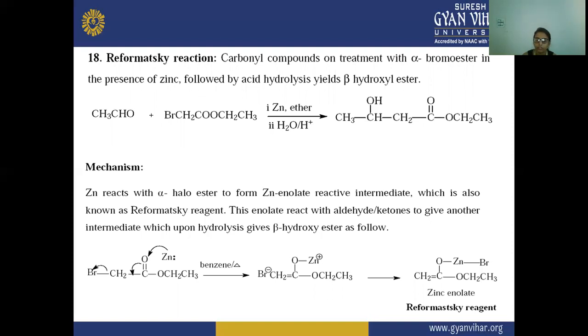So here you will see the zinc will react with this bromoester, and there is a removal of the bromine from there. It is having a negative charge on this CH2, and zinc here will attach to the oxygen atom, and the double bond will shift between the CH2 and the carbon. So here there is a formation of this zinc enolate, that is your Reformatsky reagent.